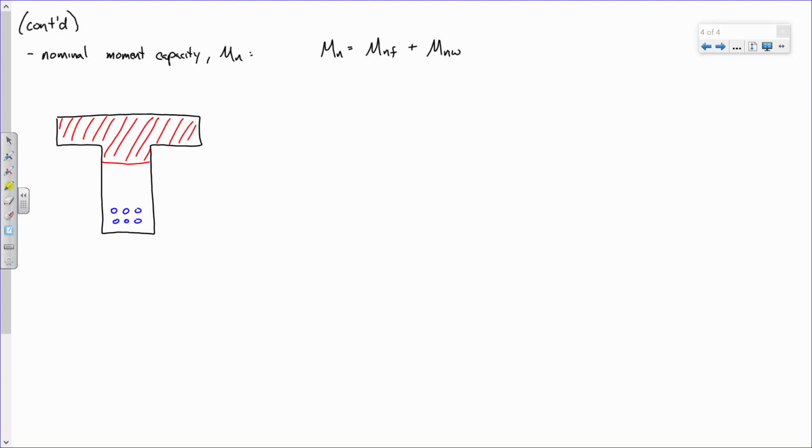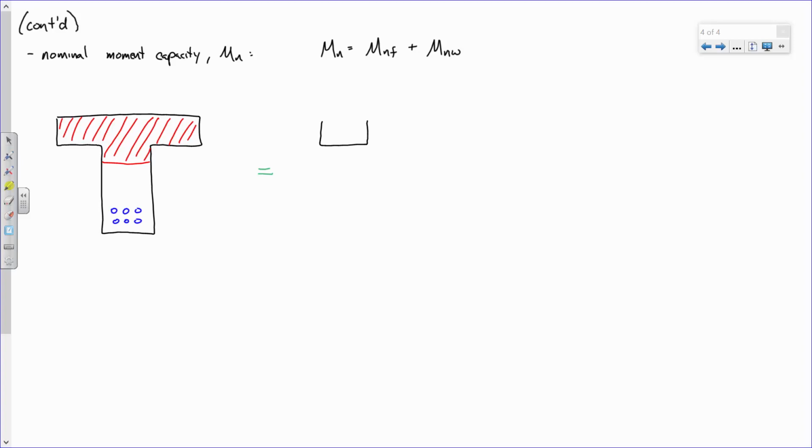Okay? Here's what we're going to do. We're going to take this stress block and split it up into two different couples. Okay? So here's how we do this. The first thing we do is split this up into the flange couple. So the flange couple looks like this.